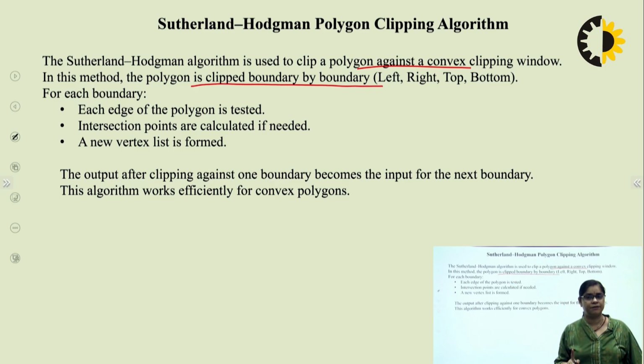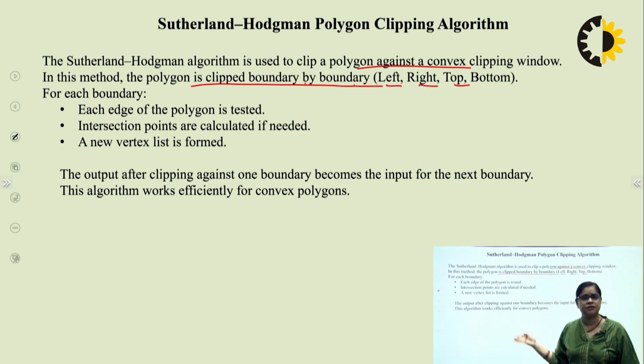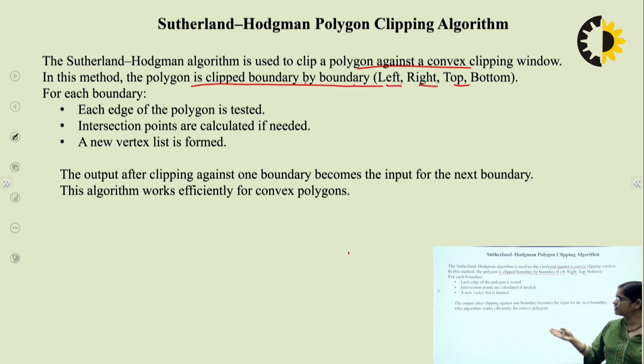We have to keep in mind the first point in this algorithm: the polygon is clipped boundary by boundary, that is left, right, top and bottom. We will discuss in my next PPT how we clip boundary by boundary.